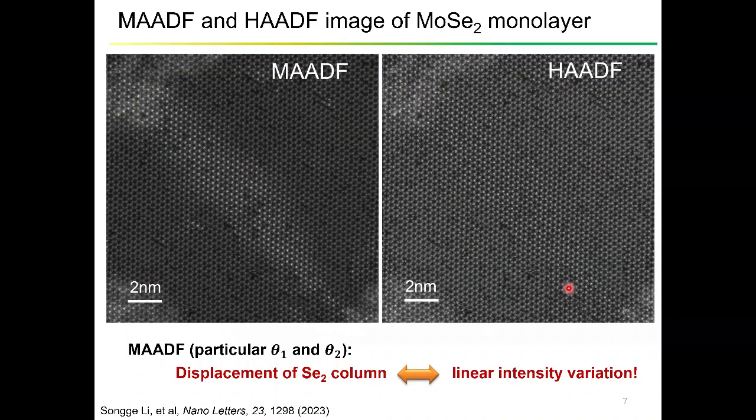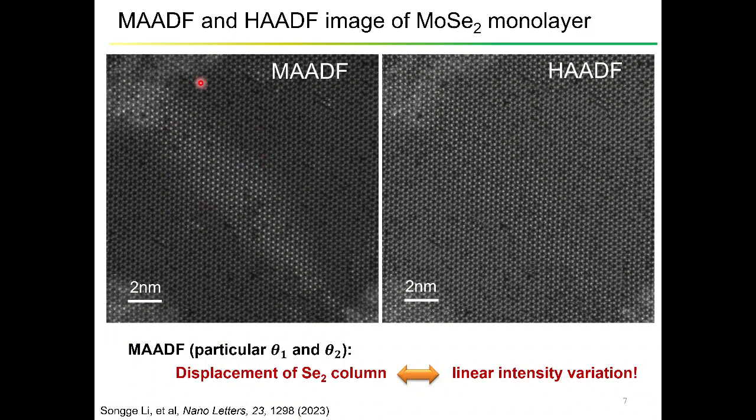However, in the HAADF, if we enlarge the inner collection angle, then such an effect becomes much less. So by doing the MAADF imaging, we can correlate the displacement of the selenium-2 column with its intensity variation.